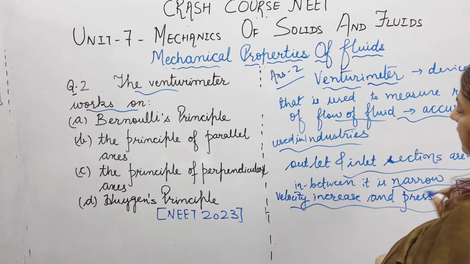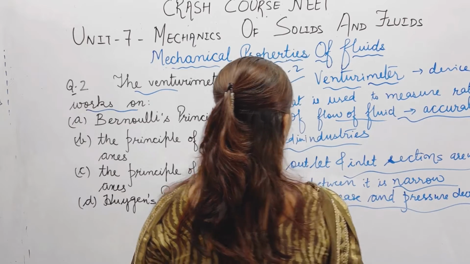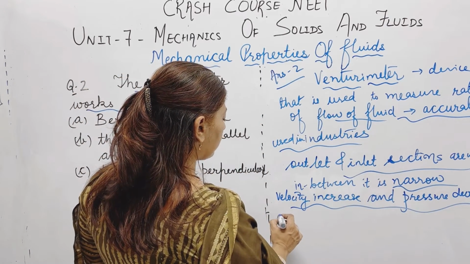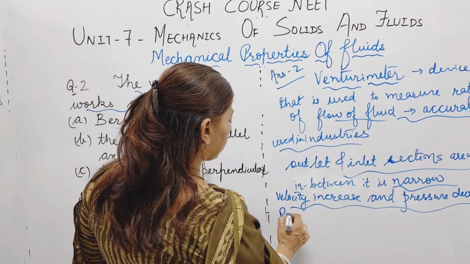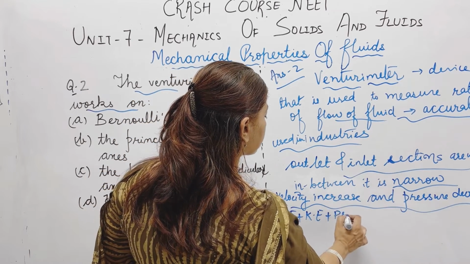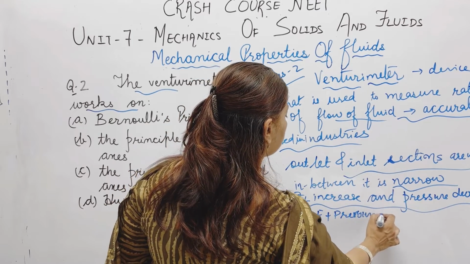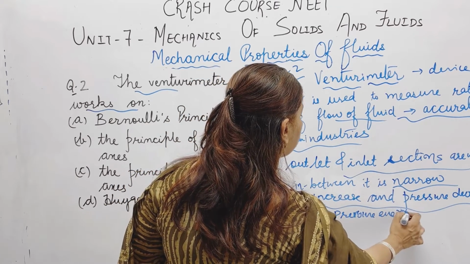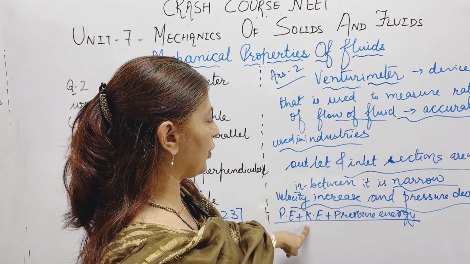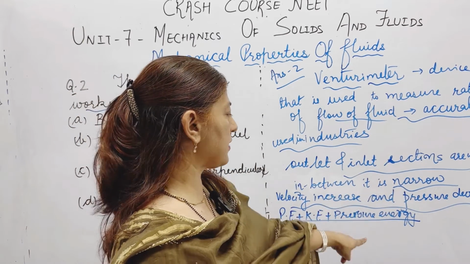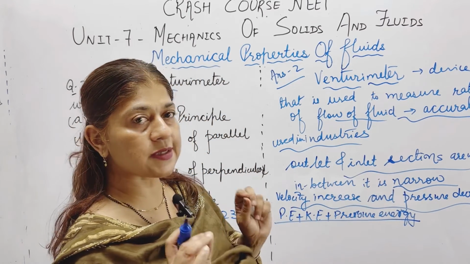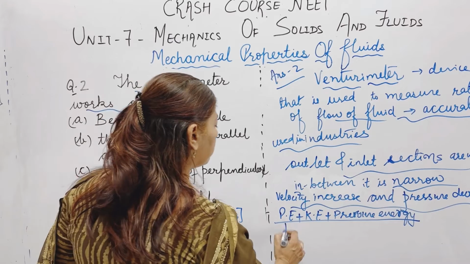So basically it is working on the concept, if velocity is increasing and pressure is decreasing, it is working on the fact that potential energy, kinetic energy, and the pressure energy, that is going to remain constant. Increase in one is going to make decrease in the other, but overall sum is going to remain the same. And this is the statement of Bernoulli's theorem.